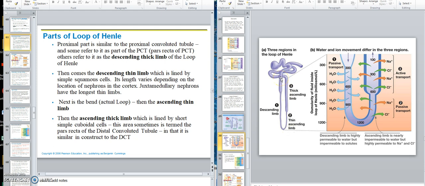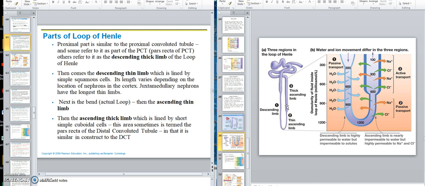So in other words, you have descending thick, descending thin, ascending thin, ascending thick. The descending thin has simple squamous, ascending thin simple squamous. These are cuboidals here, cuboidals.